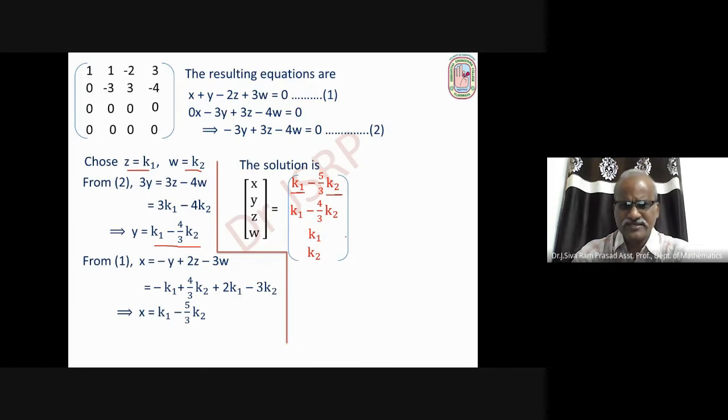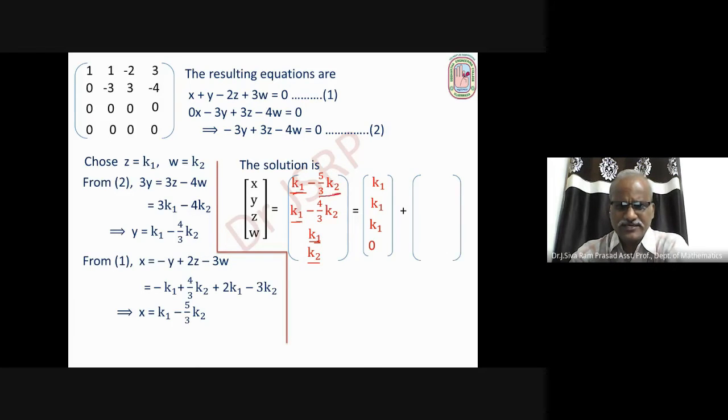We can write this vector as a sum of two vectors, that is, k1 terms plus k2 terms. First the k1 terms. In the first entry there is a k1 term, that is k1. In the second entry, the k1 term is k1. In the third entry, the k1 term is k1. In the fourth entry there is no k1 term, so that is 0. Plus next the k2 terms.